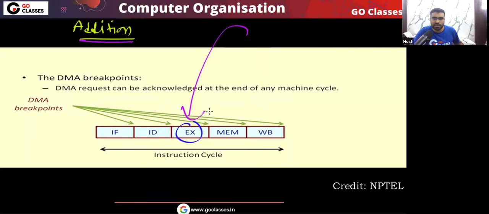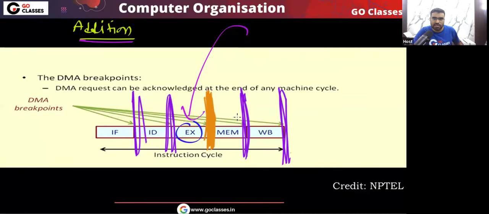Now remember, the CPU will wait till the completion of the execution. These points are called DMA breakpoints, meaning at these points the CPU can give the control of the system bus to the DMA. Okay, is this clear? Please tell me.